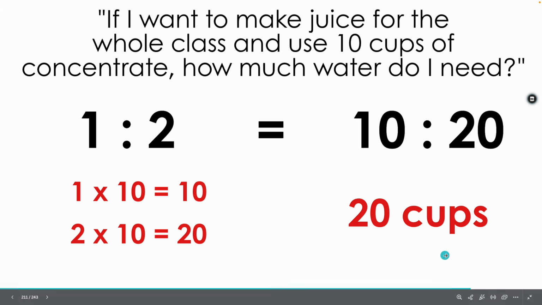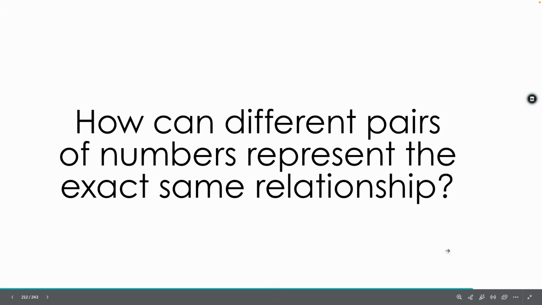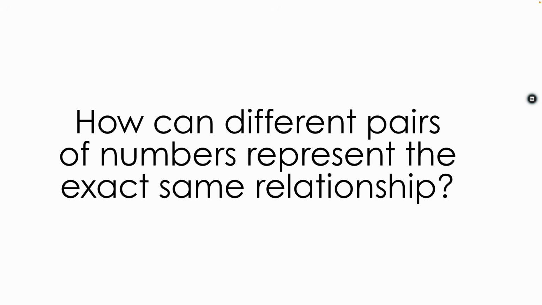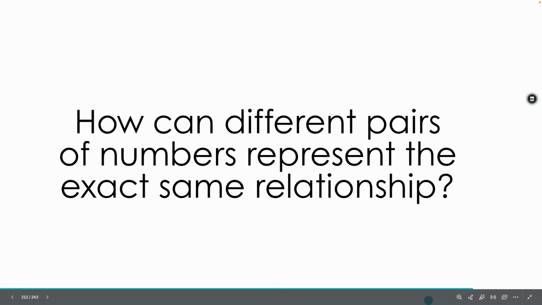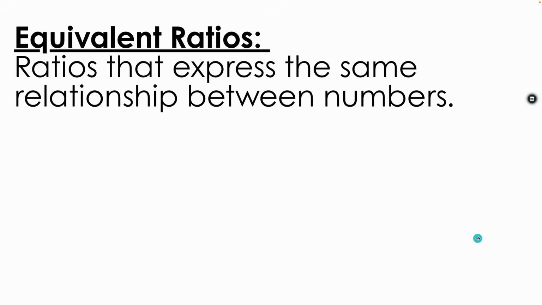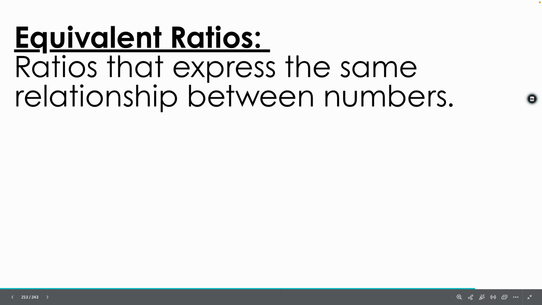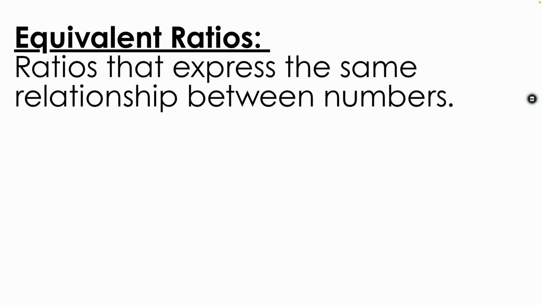All right? So now think about this question. How can different pairs of numbers represent the exact same relationship? So this will bring us to our lesson for today, which is equivalent ratios. Equivalent ratios are ratios that express the same relationship between numbers.